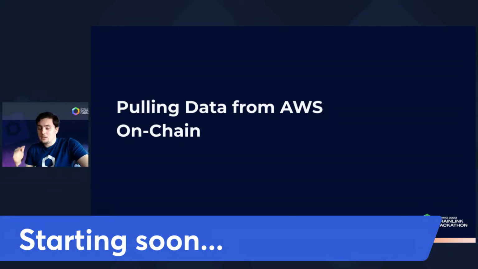But as you can see, almost anything can be pulled from AWS to your calling smart contracts. At the moment, to Sepolia, Mumbai, and Fuji testnets, because we're going to use Chainlink Functions for this. Chainlink Functions is currently in beta, so you will need to sign up for the beta if you want to follow along. But really soon it will be available on mainnet as well.